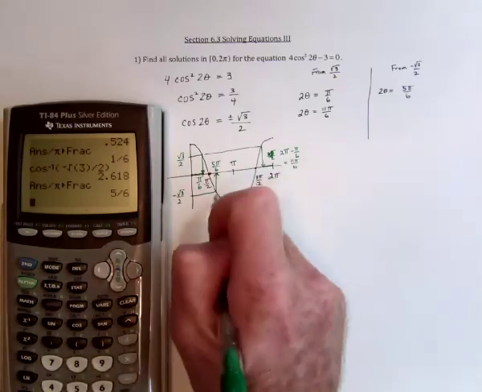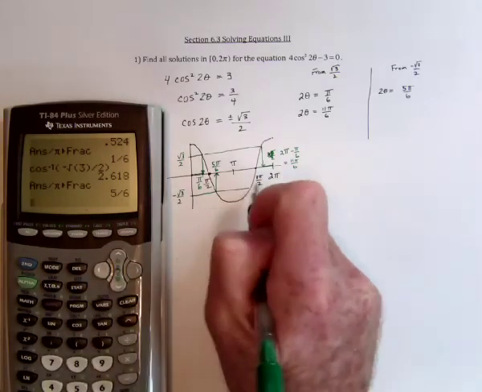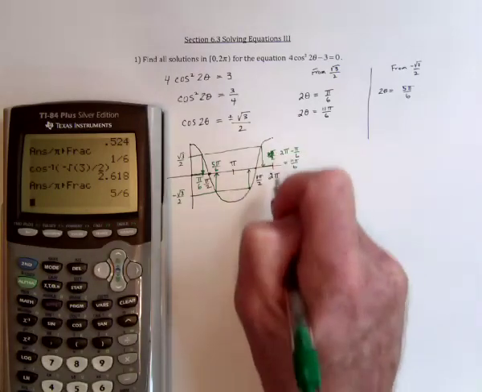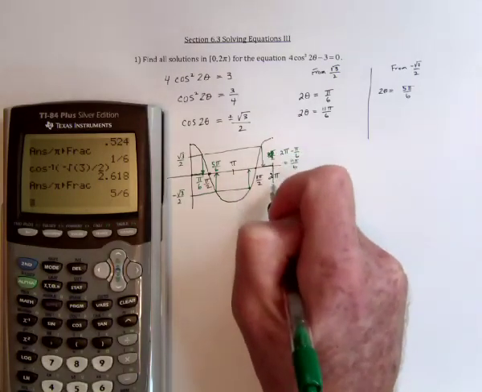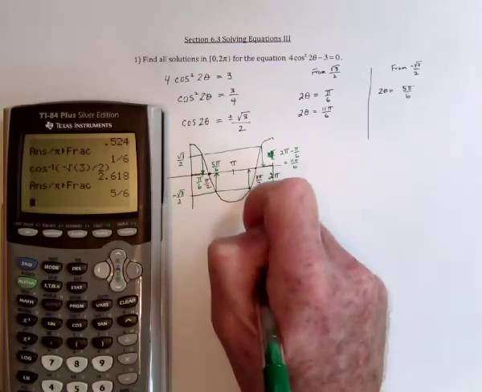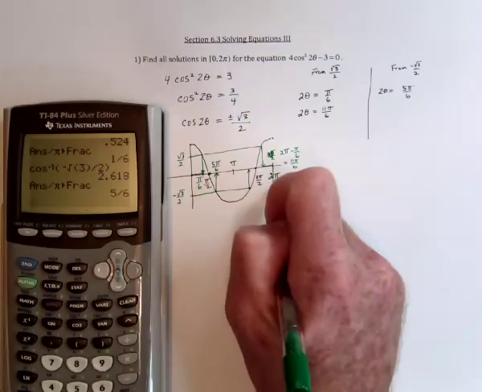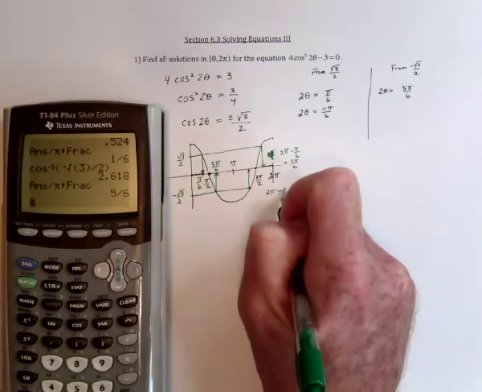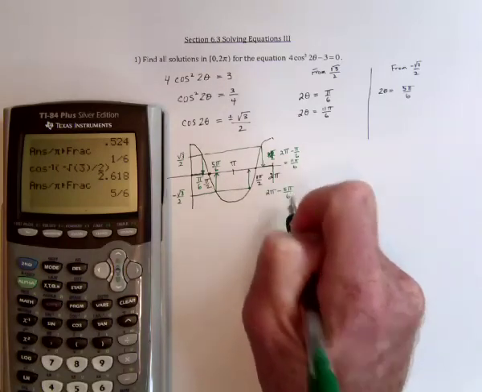And if we continued over, there's going to be another solution right here, which is saying from when the function was at its highest, 2 pi, then go over to the left by 5 pi over 6.